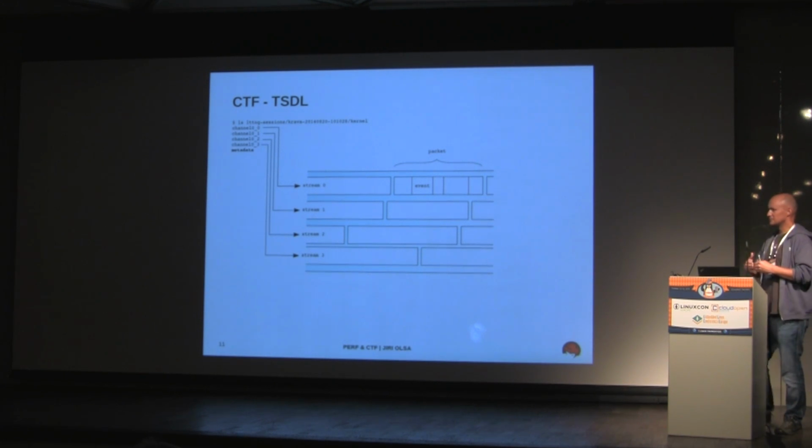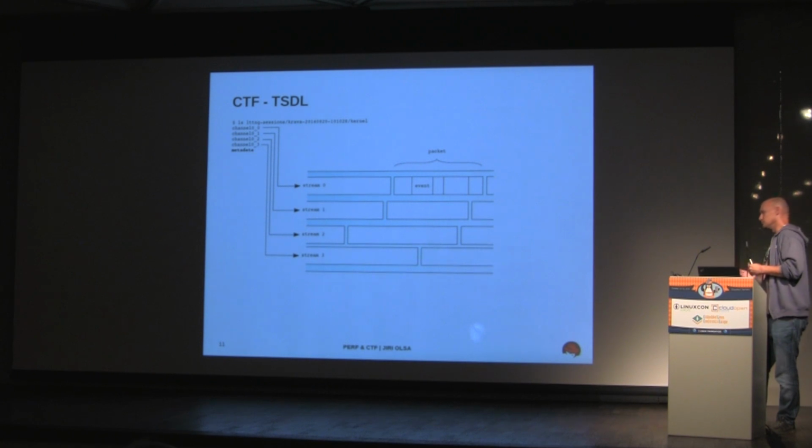The stream in the TSDL means that CTF forces you to store the data in streams, and allows you to put multiple event definitions into the stream. So from an overall perspective, you have the tracing data, which is divided into streams based on whatever condition you like.